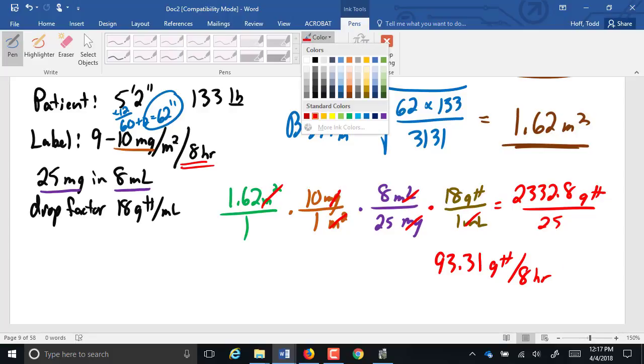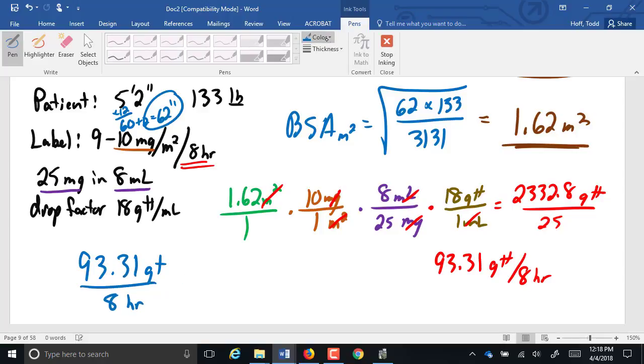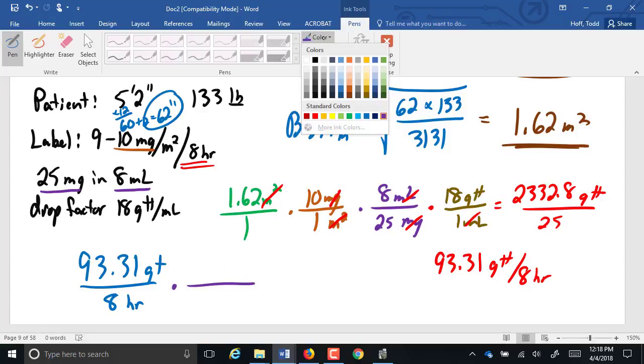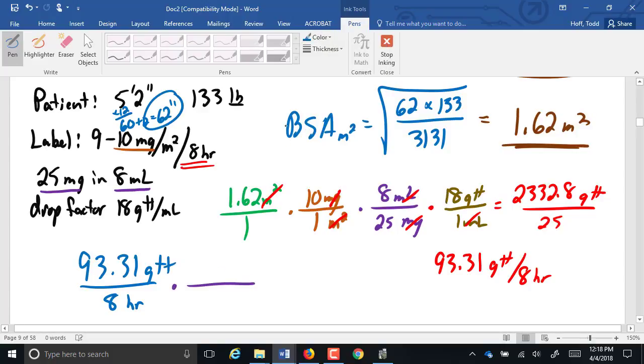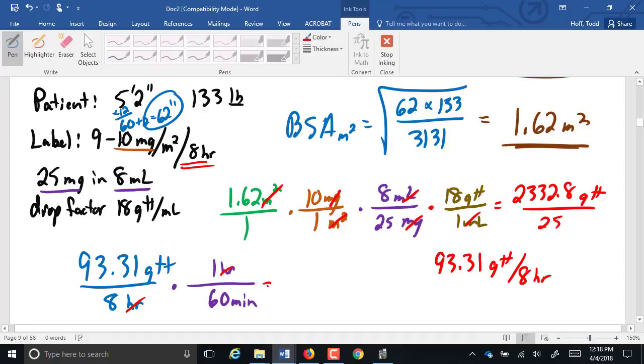So we need to convert that from 8 hours into minutes. 93.31 drops in 8 hours. We end up doing this all in one process here. I drop T on my drops. 1 hour is 60 minutes. So the hours cancel out.